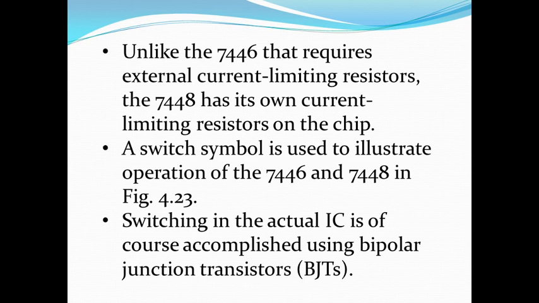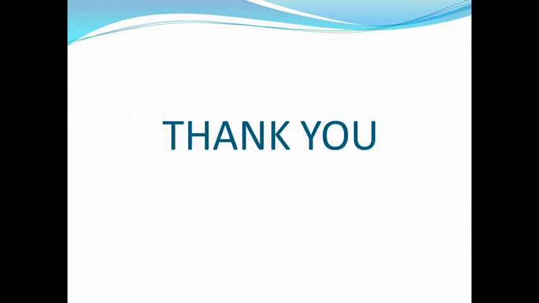Unlike the 7446, which requires an external current limiting resistance, the 7448 has its own current limiting resistance inside the chip itself. A switch symbol is used for the transistor here. Switching in the actual IC is of course accomplished using a bipolar junction transistor. Thank you very much friends.